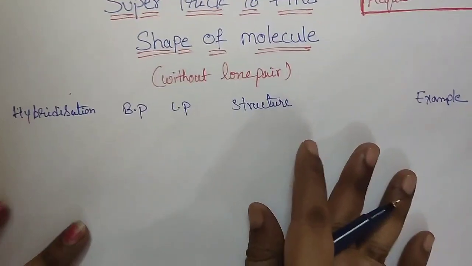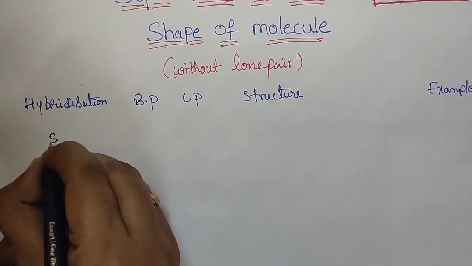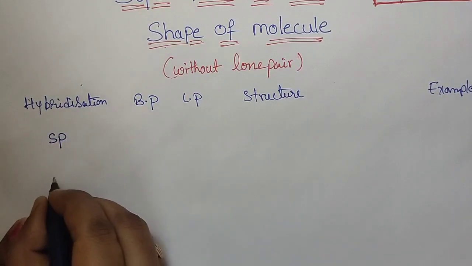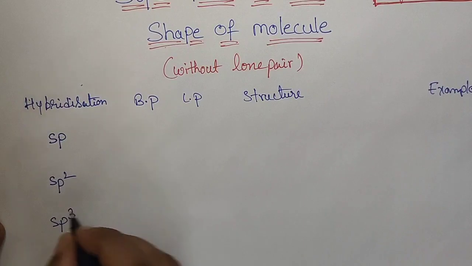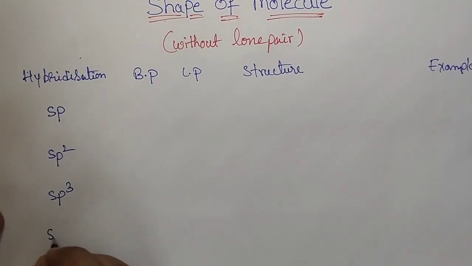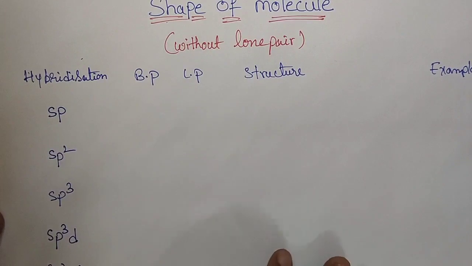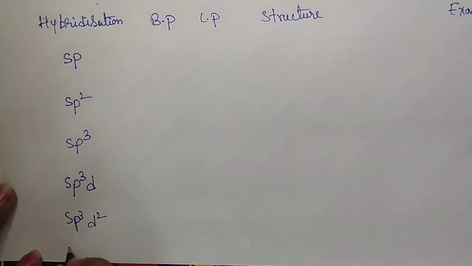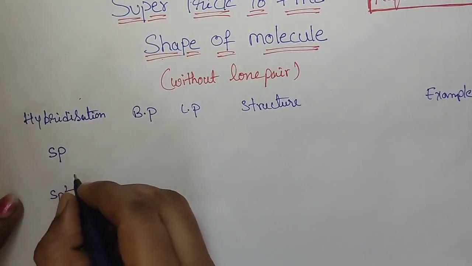See, hybridization: sp, sp2, sp3, sp3d, sp3d2, sp3d3. Next, bond pairs. How many bond pairs?